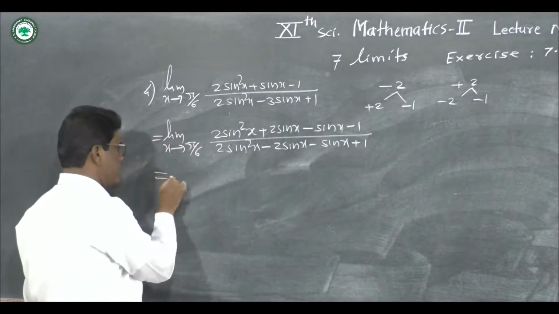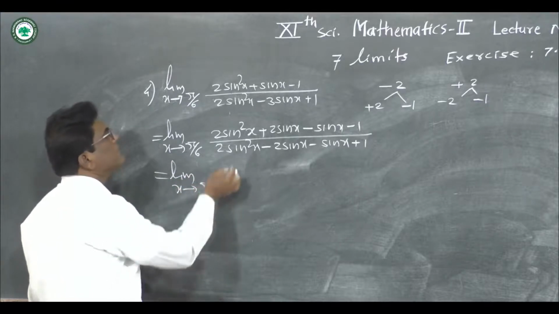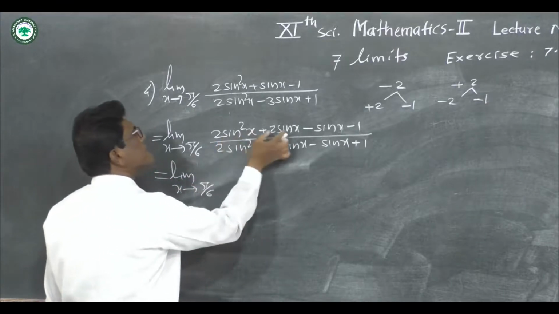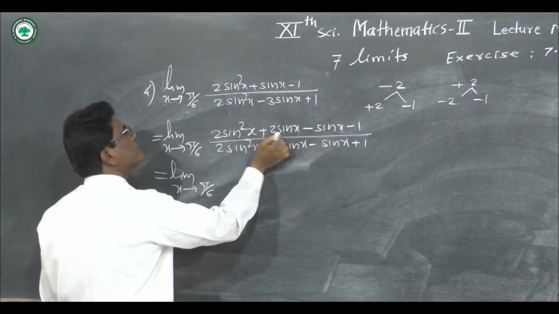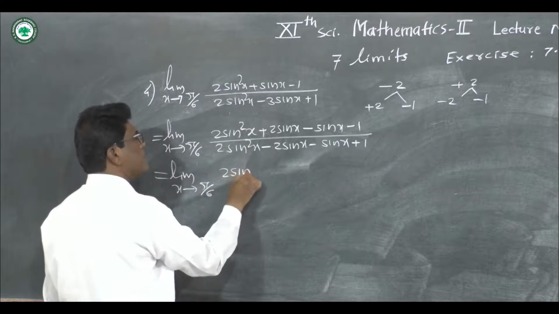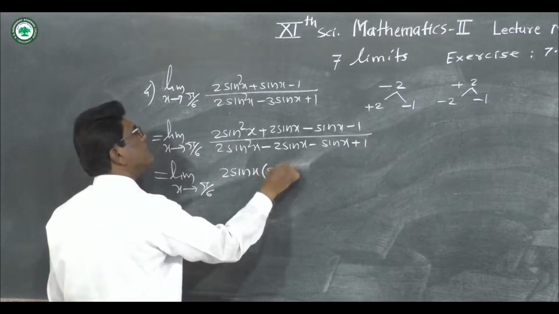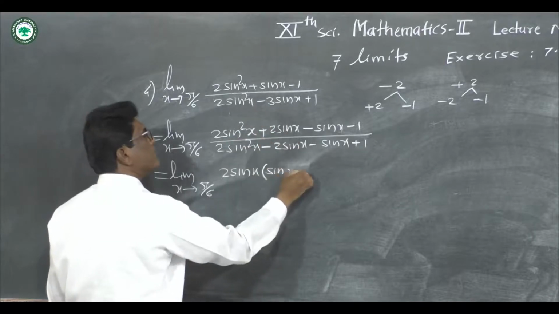And so this is equal to the limit as x tends to pi by 6. Now here in this 2 sin square x plus 2 sin x, we take 2 sin x common from these two terms. So 2 sin x common, in the bracket here remains sin x plus 1.